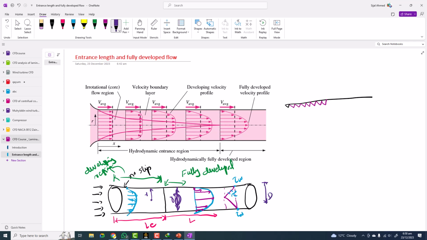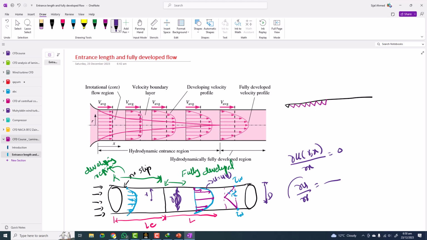So now this velocity profile is only a function of the radius: u is a function of r only. This is the definition of fully developed flow, when the velocity no longer changes along the axial coordinate. So change with respect to x will be zero, but definitely we will have some change with respect to r.